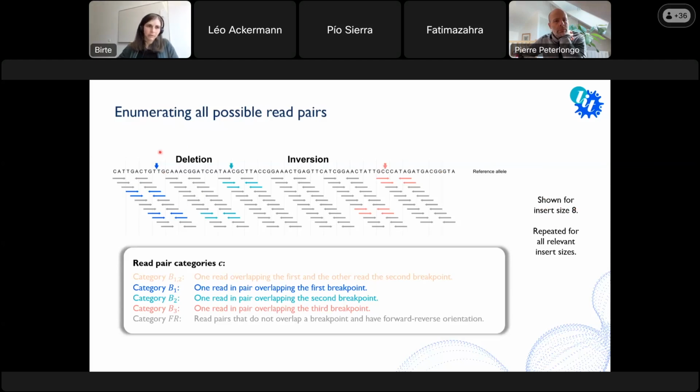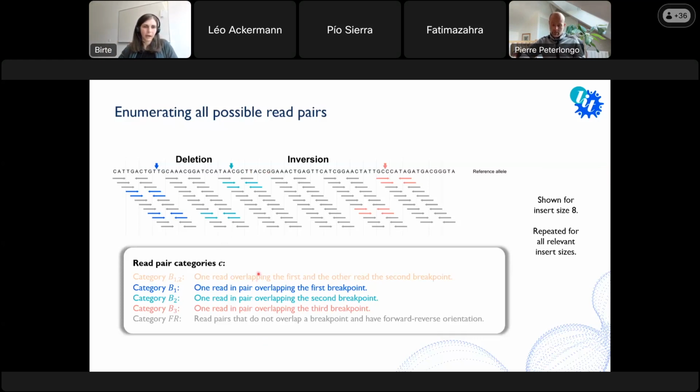And if you have a read pair where one read is before the first breakpoint and the other after the second breakpoint, and in between you have a deletion, then it's not going to be clear whether it is a read pair supporting the reference or the variant allele, but the difference will only be in insert size. And if the deletion is short, it's going to be difficult to distinguish.